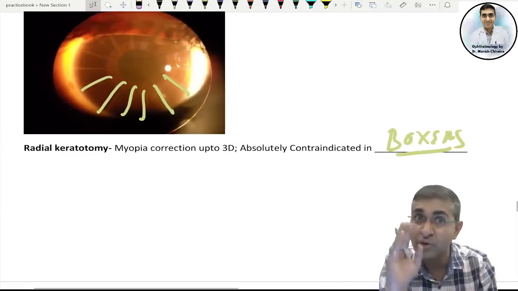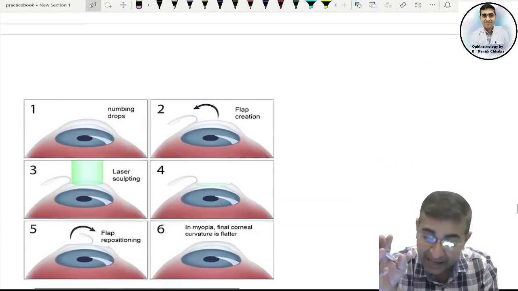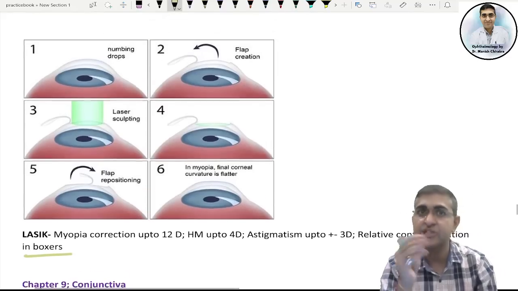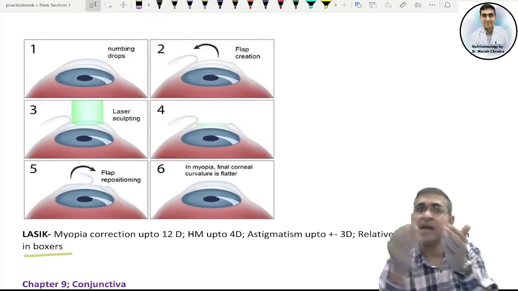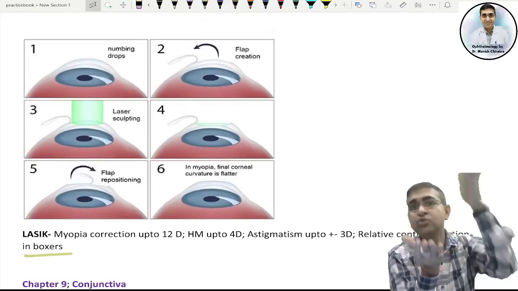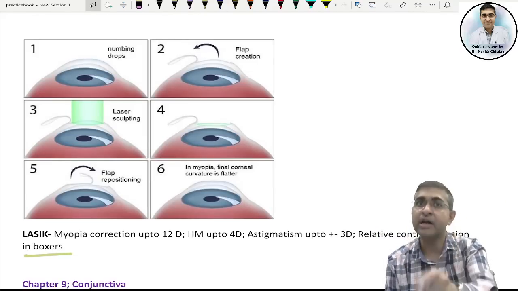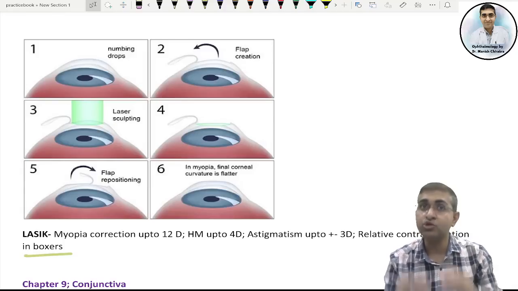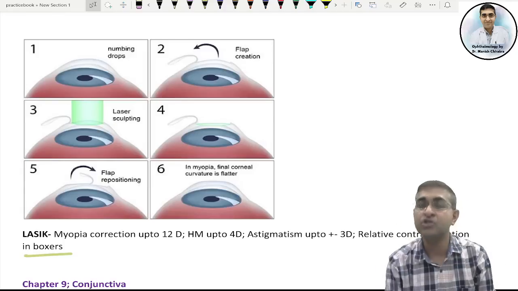But LASIK is relatively contraindicated in boxers. In LASIK you remove the flap and ablate the central part of the cornea and replace it if you want to correct myopia. And if you want to correct hypermetropia, you ablate the peripheral part of the stroma of the cornea.